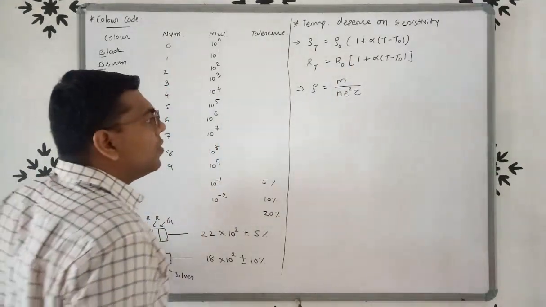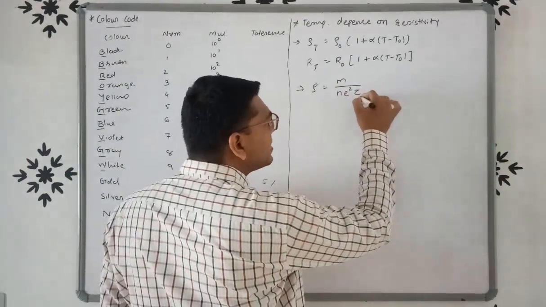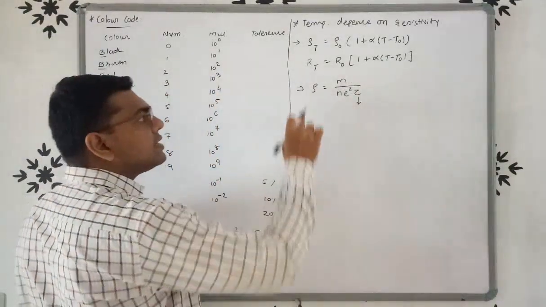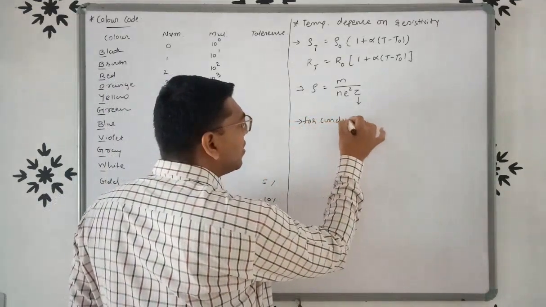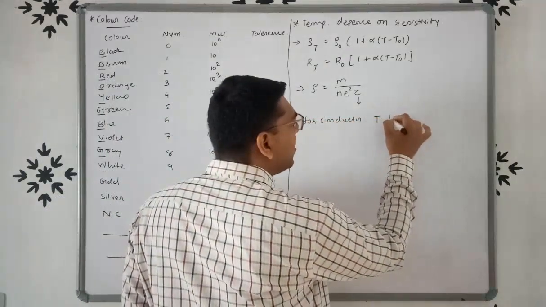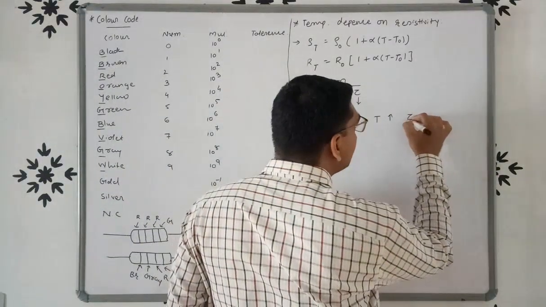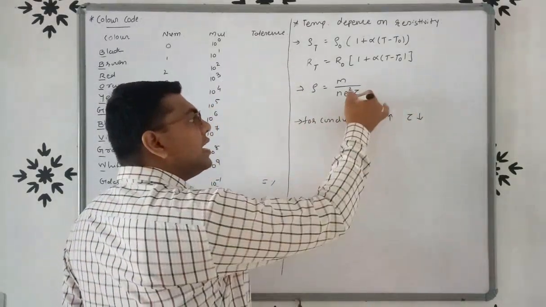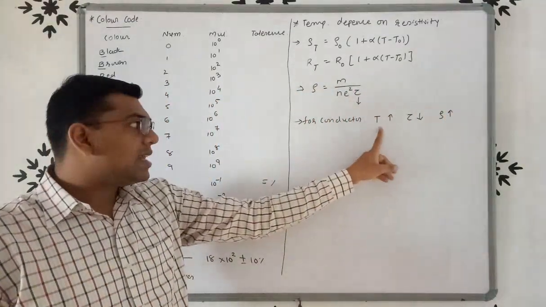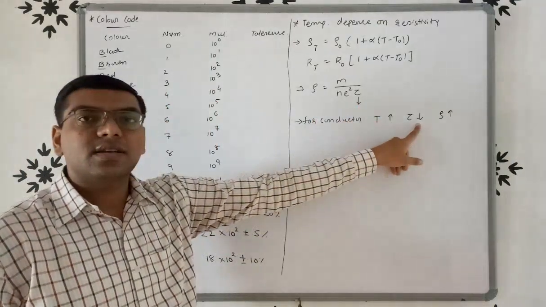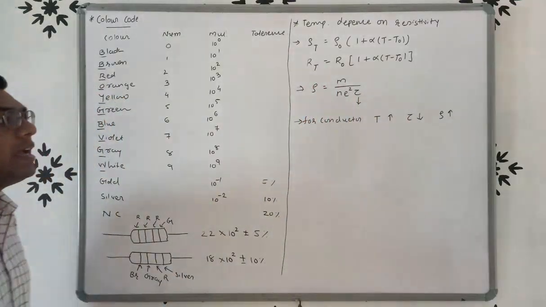So if the relaxation time tau decreases, then resistivity increases. For a conductor, as the temperature increases, the relaxation time tau decreases, and if tau decreases, then resistivity increases. So from this equation we can say that resistivity rho increases.